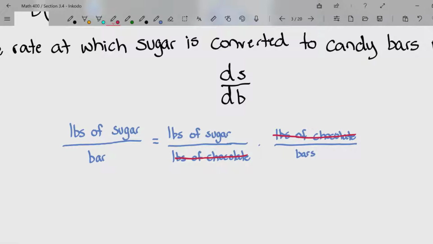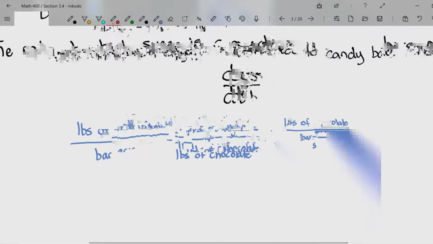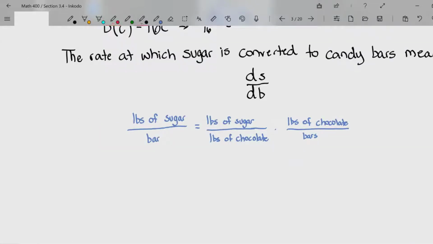So it does visually make sense that multiplying these two unit conversion fractions will give us pounds of sugar per bar. In derivative notation, and specifically Leibniz notation, this is saying the rate of change of sugar with respect to bars is equal to the rate of change of sugar with respect to chocolate times the rate of change of chocolate with respect to bars.